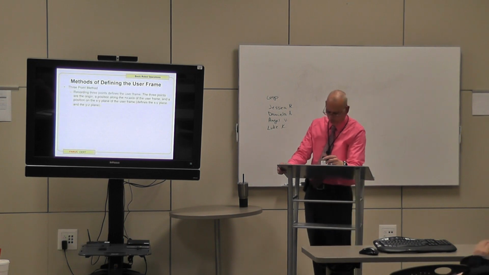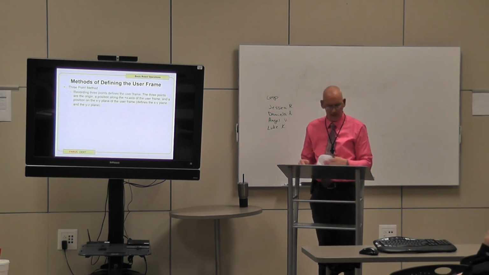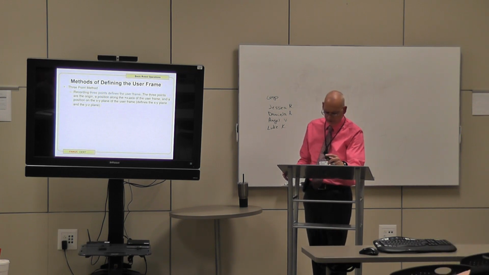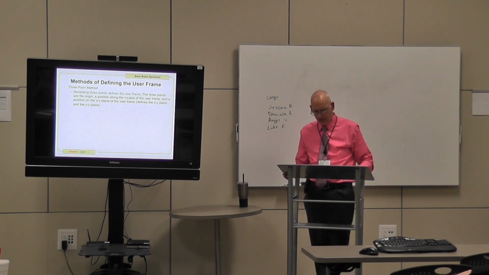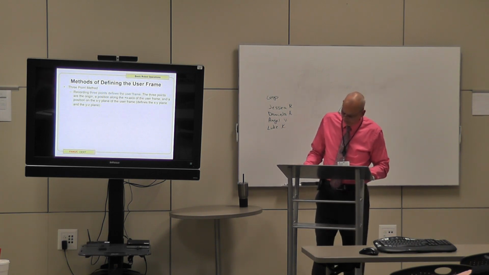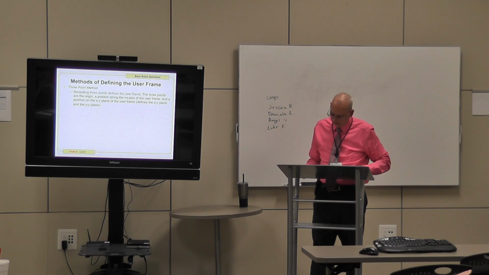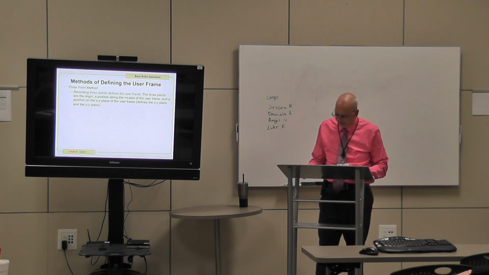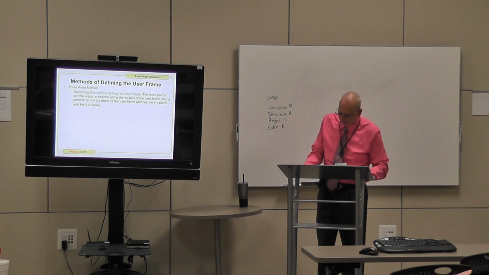Okay? Methods of defining a user frame. We have two. I think it's two. Is it two? Nope, we got three. Sorry about that. We have a 3-point method. Recording 3 points defines the user frame. The three points are the origin, a position along the positive x-axis of the user frame, and a position on the xy plane of the user frame. That defines the xy plane and the yz plane.